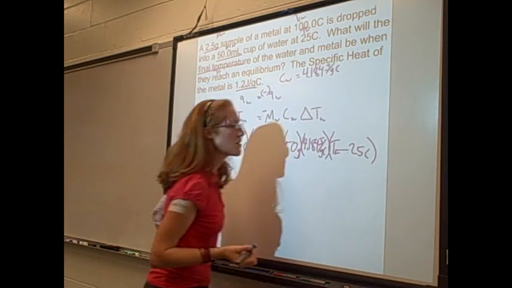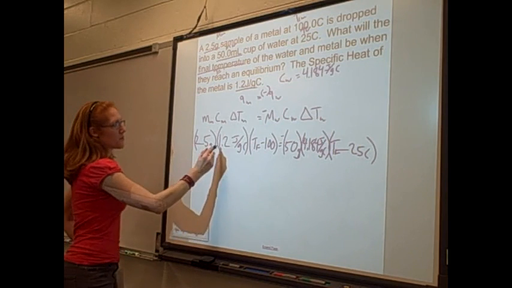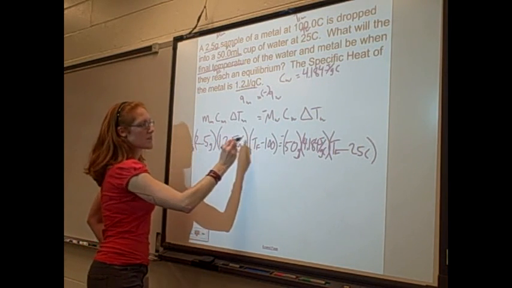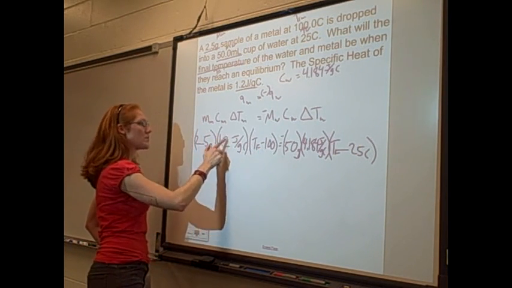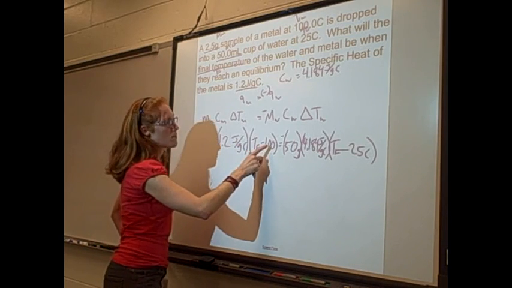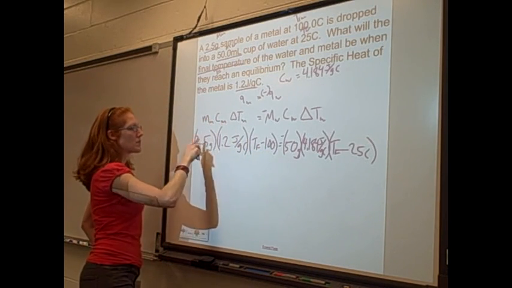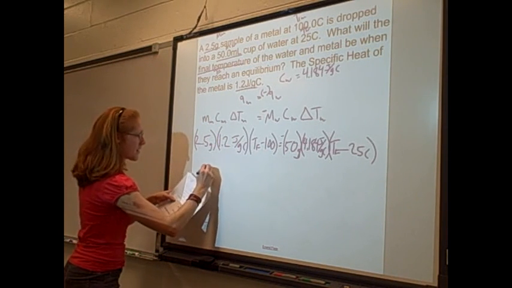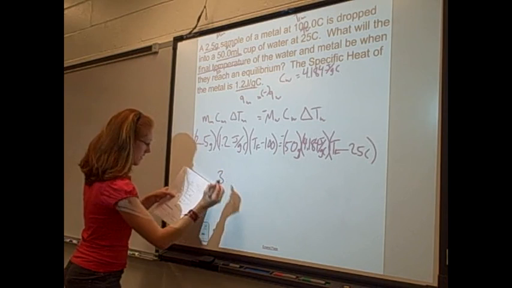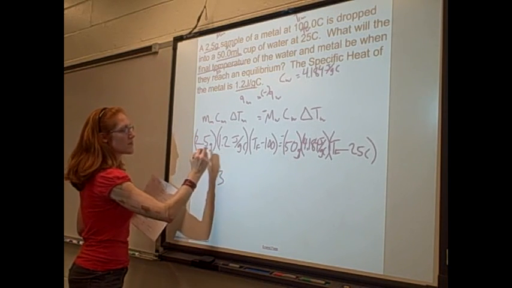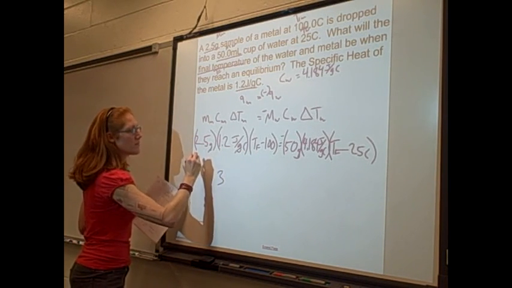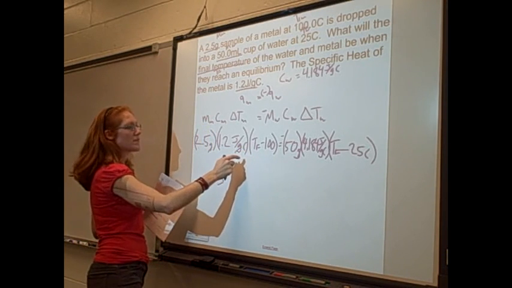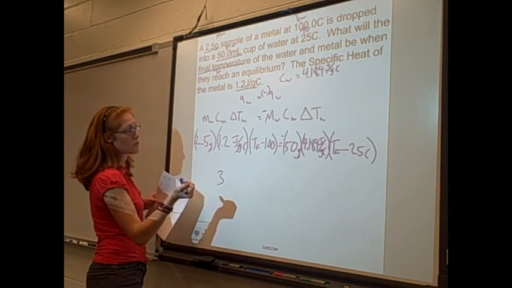At this point, you just have some algebra. You're going to multiply these three things together. So TF times 1.2 times 2.5, and 100 times 1.2 times 2.5. After doing that, we have 3 TF, and the grams cancel out, so I'm left with joules per Celsius.